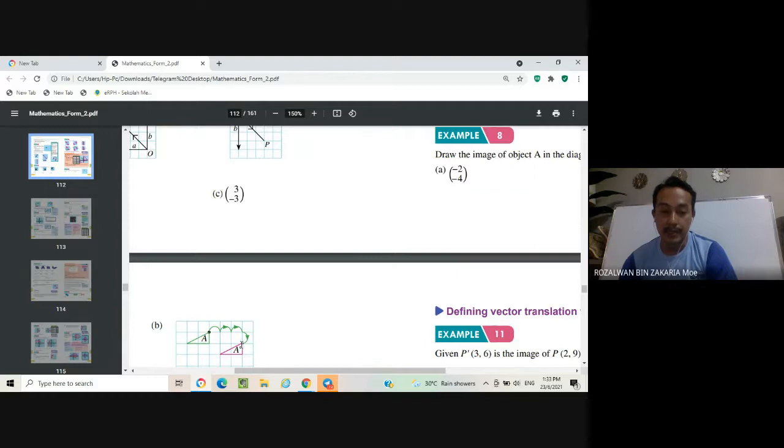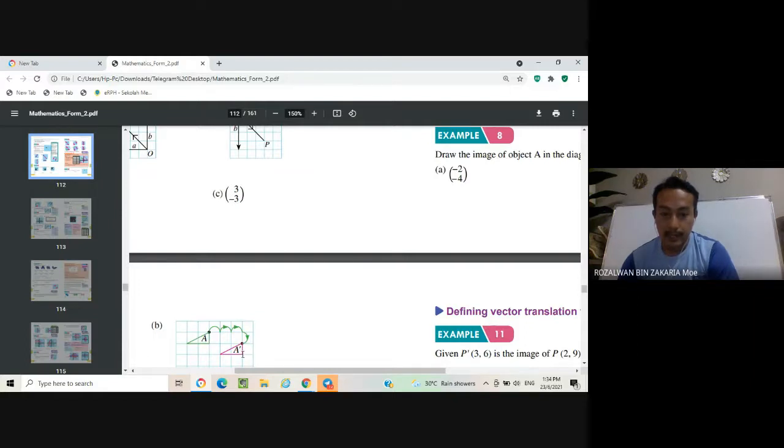So here is the image for this point. After that, you do the movement for the next point. 3 units to your right, 1, 2, 3, then 1 unit downward because -1.